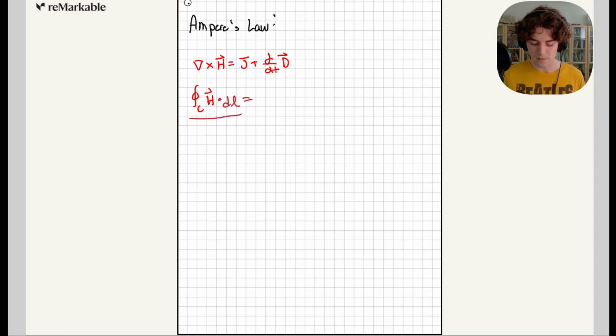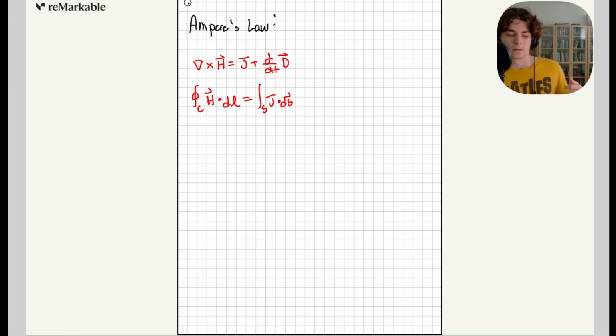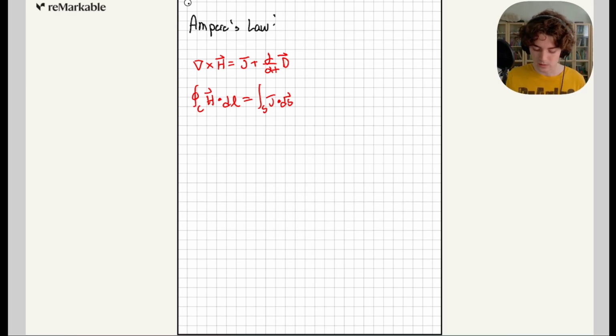the amount of H across a closed line integral equals the amount of current density through the surface bounded by that integral here, plus the amount of changing electric flux density through that same surface.